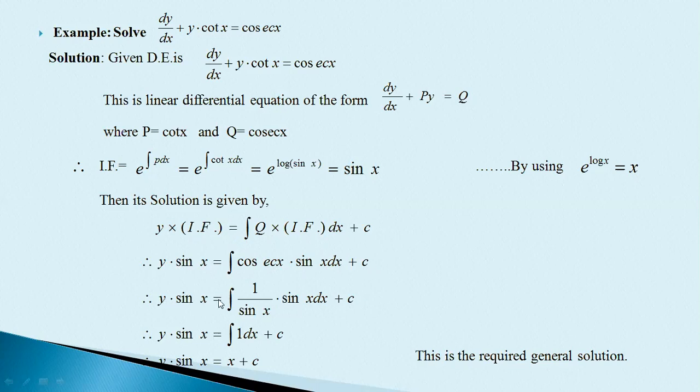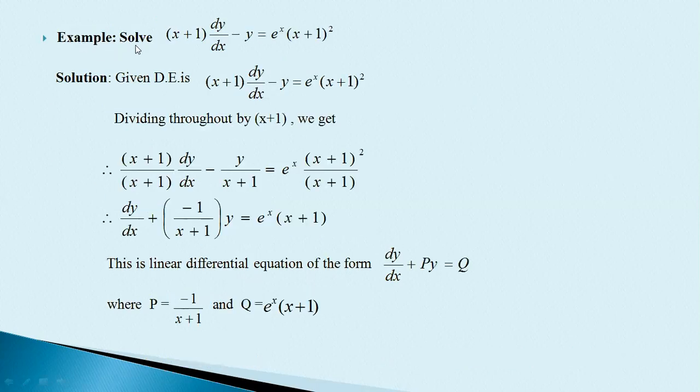Then write this cosec x in terms of sin x, that is 1 upon sin x, into this sin x as it is dx plus c. This sin x gets cancelled, just remains integration of 1 dx. And as we know, the integration of 1 is equal to x. The last answer is y into sin x is equal to x plus c. This is the required general solution of the given differential equation.